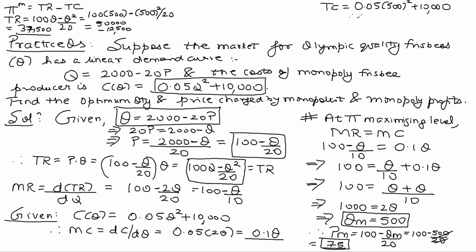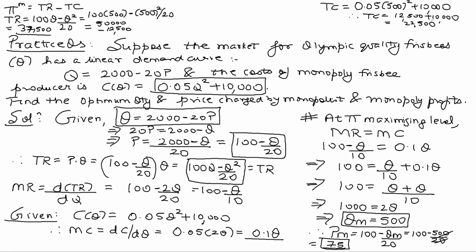So if we calculate the total cost further, 500 squared into 0.05 is 12,500, plus 10,000. So this comes out as 22,500.